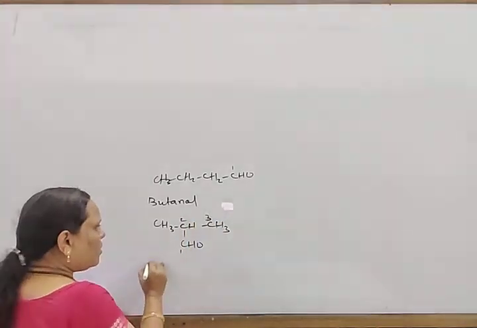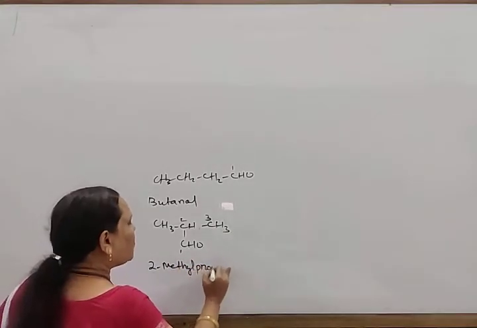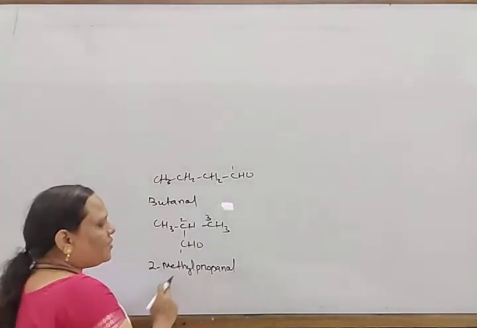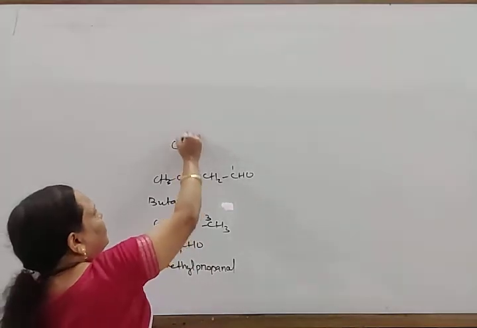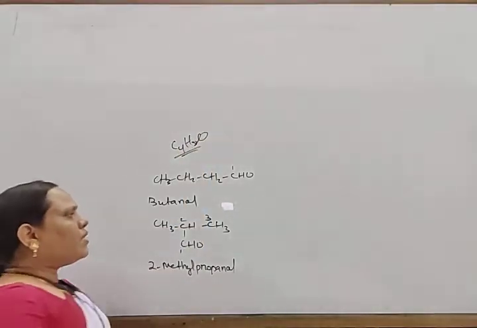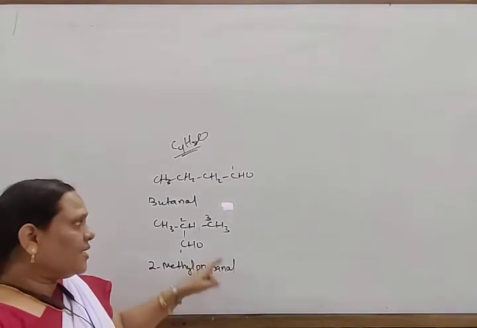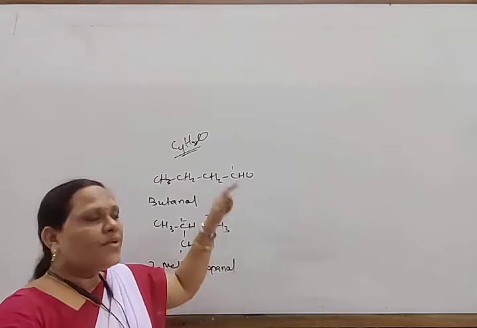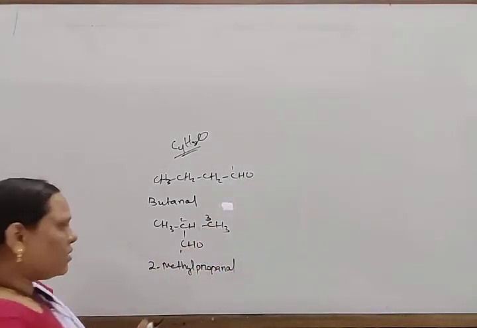This is butanal and this is 2-methylpropanal. So they have the same formula, C4H8O. The C4H8O represents these two compounds. These two compounds are not position isomers of each other. Instead, these are chain isomers of each other. They have the same functional group. These are chain isomers of each other, not position isomers of each other.